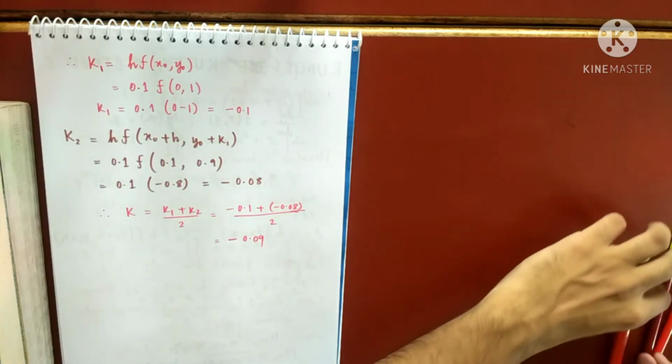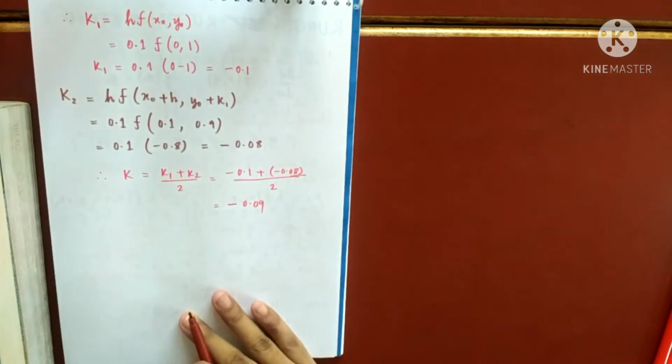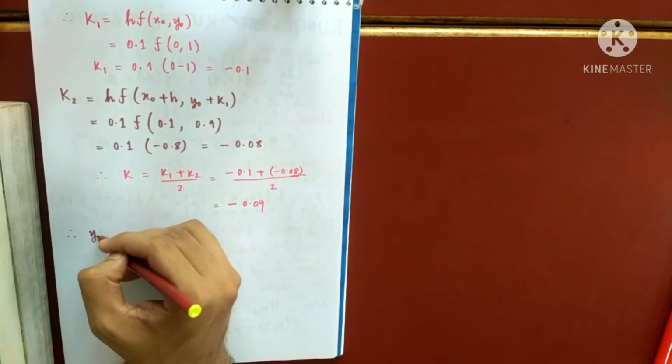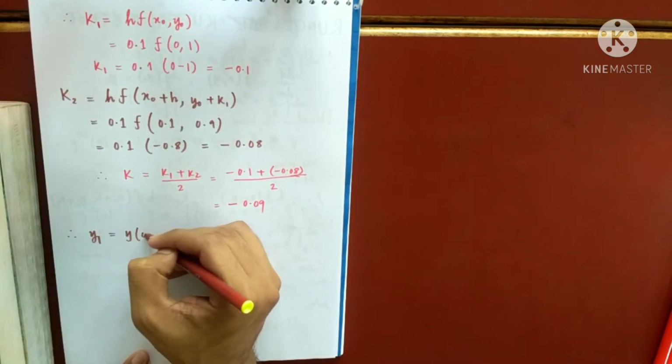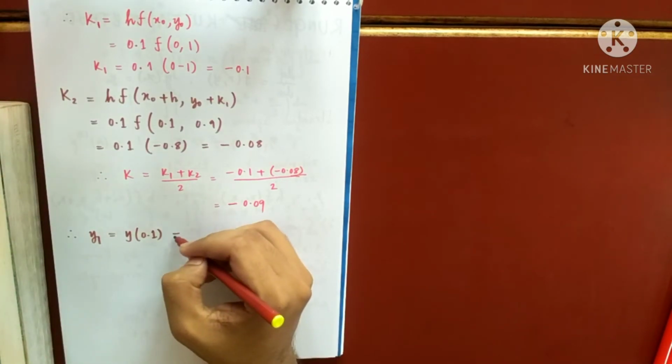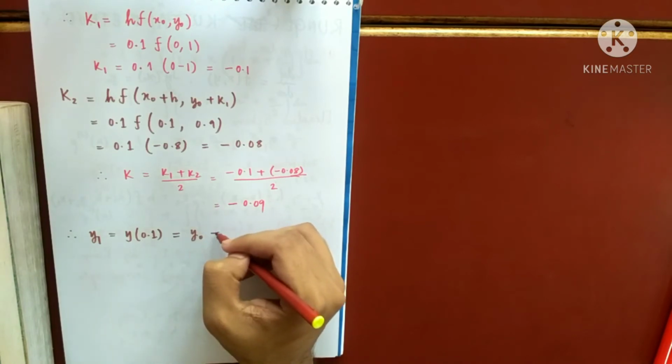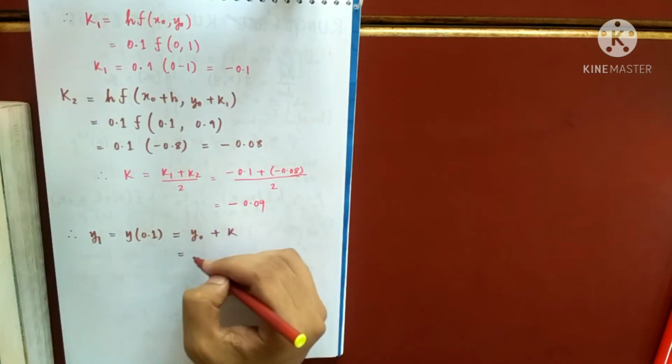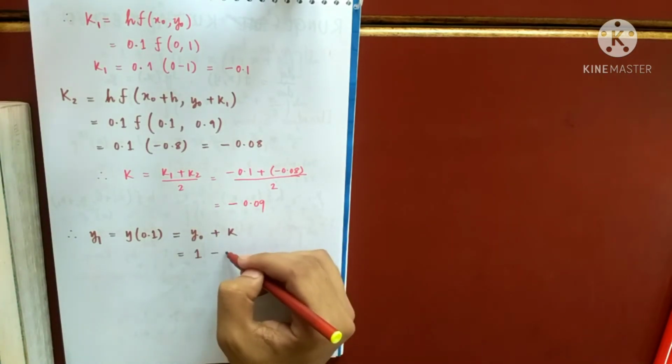So what is y1? y1 means y at 0.1, the new value of y at the new point. Initial x0 was 0, so y at 0.1 because h is 0.1. It was nothing but y0 plus K. So y0 is 1 and K is minus 0.09.